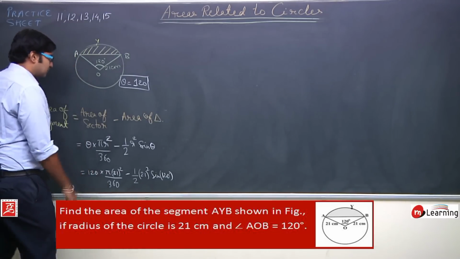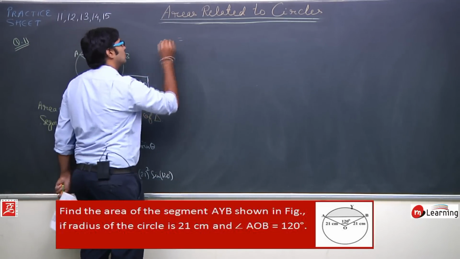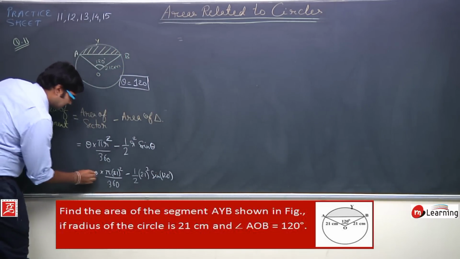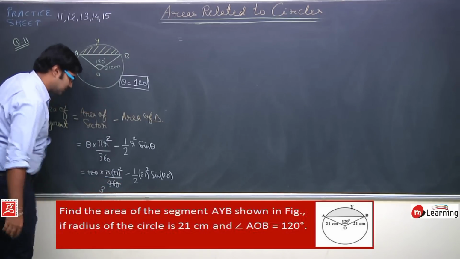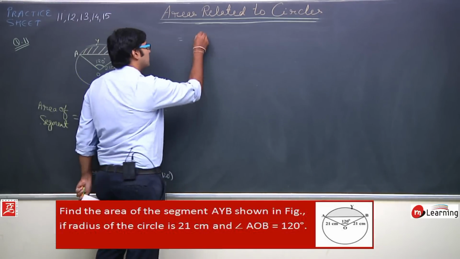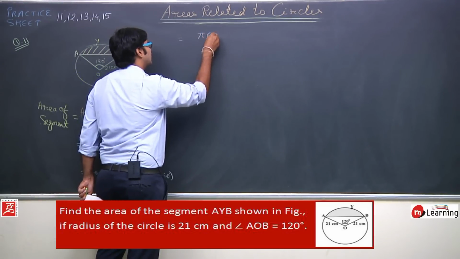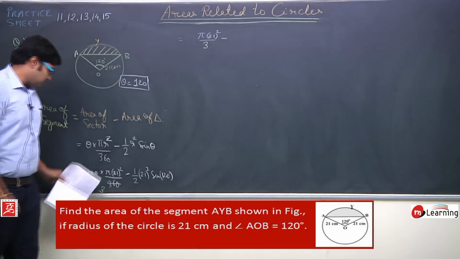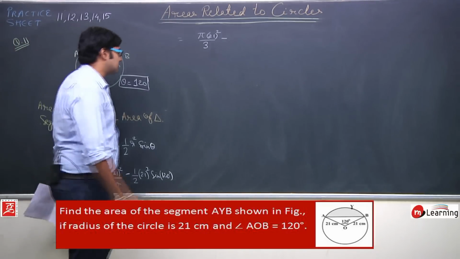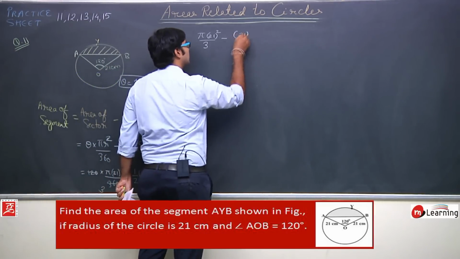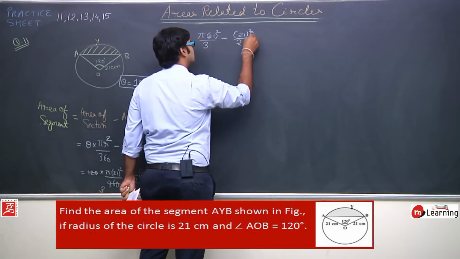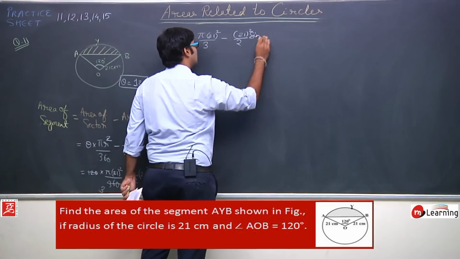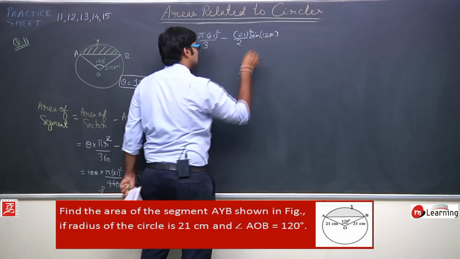Now, further solving this will give you what we can see. This is cancelled and this is 3 times. So, you will have pi into 21 square upon 3 minus 21 square upon 2 into sine of angle 120 degrees.